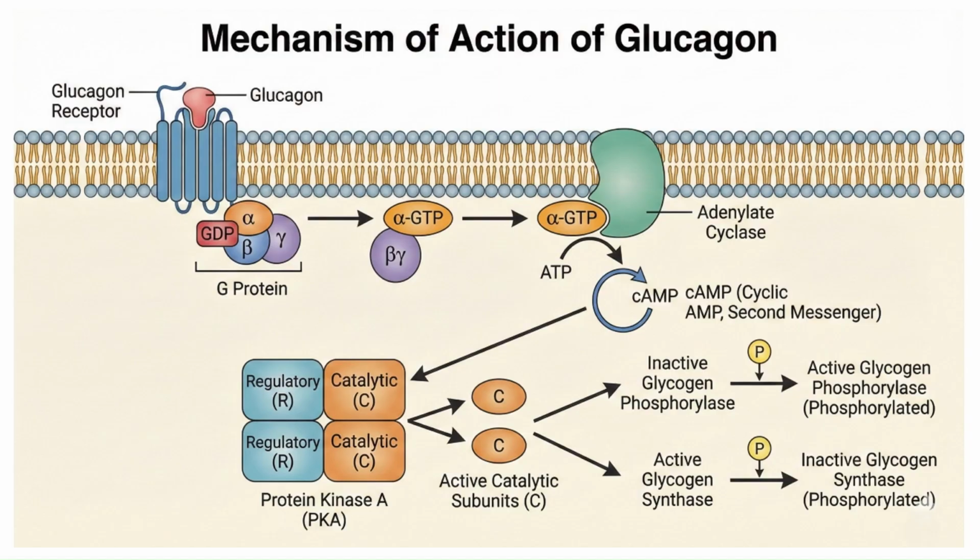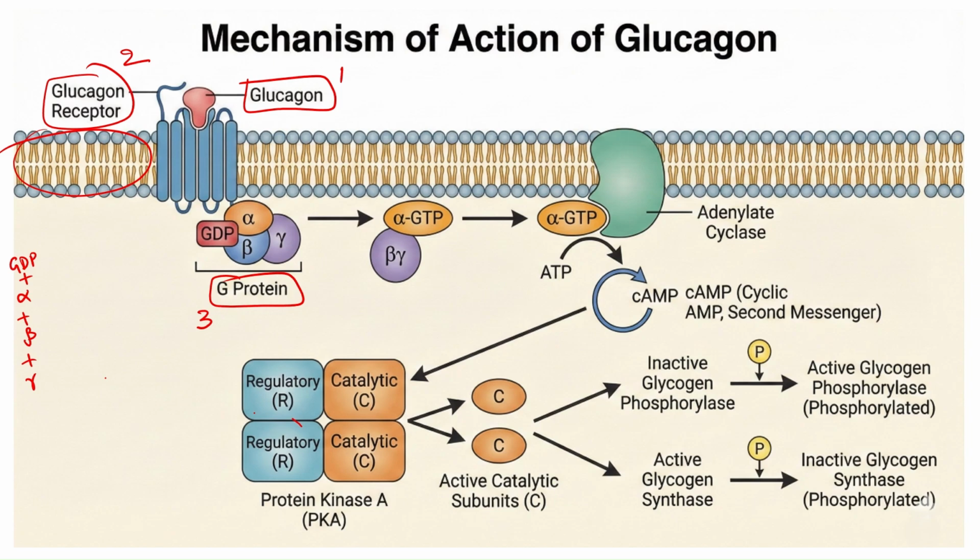Next, coming to the mechanism of action of glucagon. Just like how insulin binds to the insulin receptor, glucagon also binds to the glucagon receptor on the plasma membrane, which will activate a protein called G protein. The inactive G protein has GDP plus alpha, beta, and gamma subunits, three subunits bound to GDP, so all these four are together.